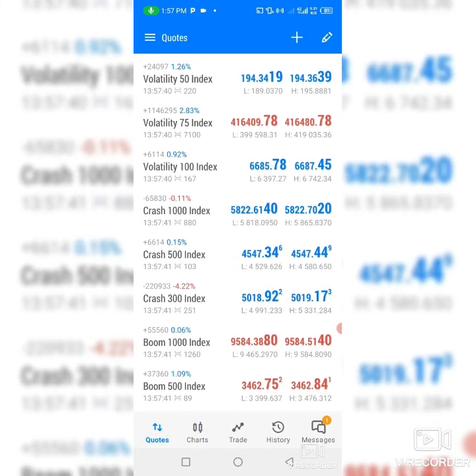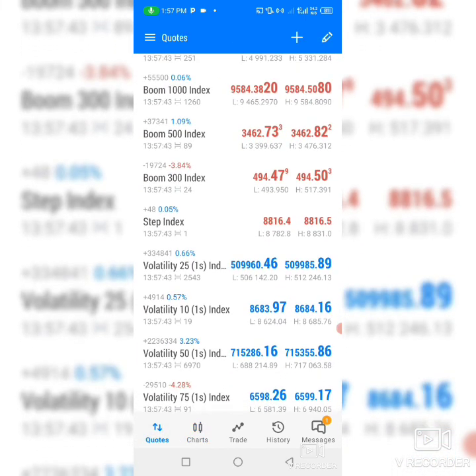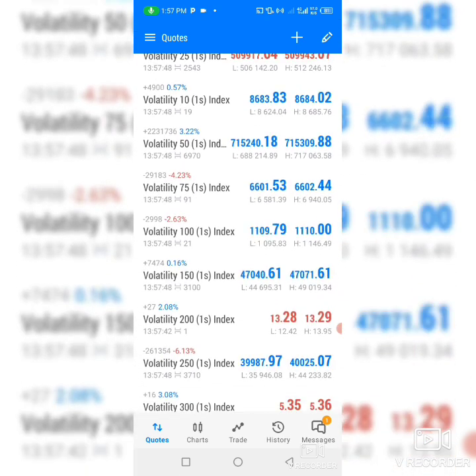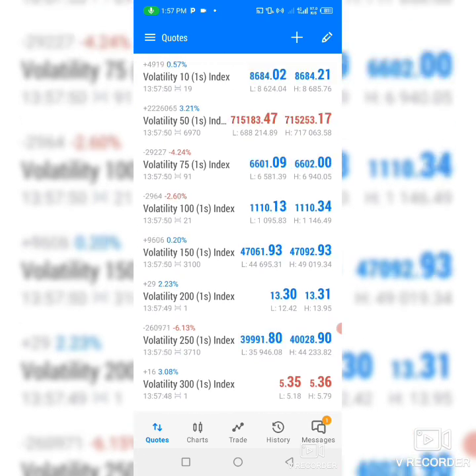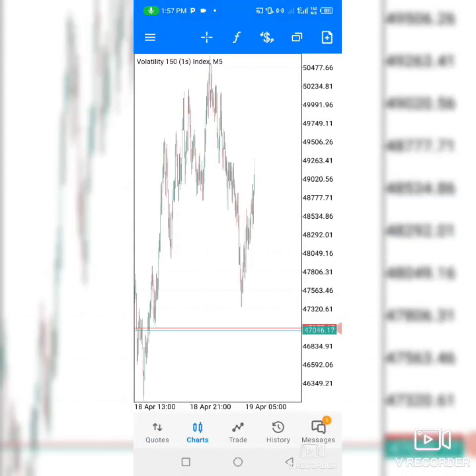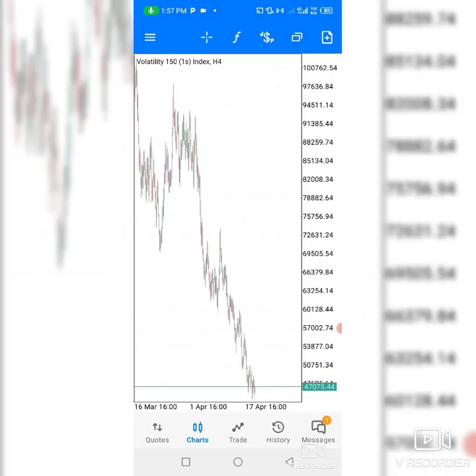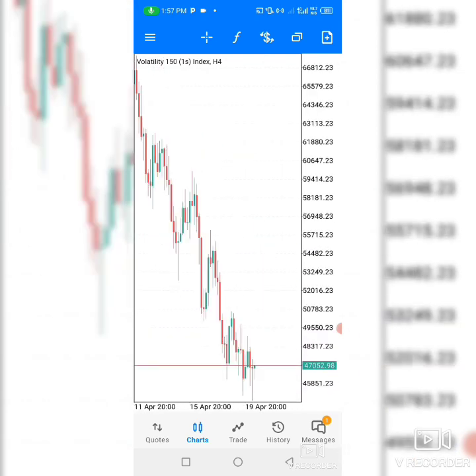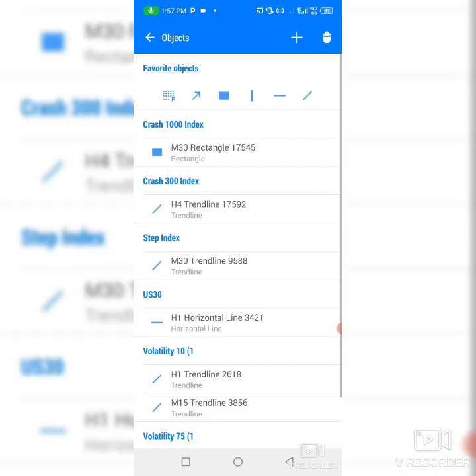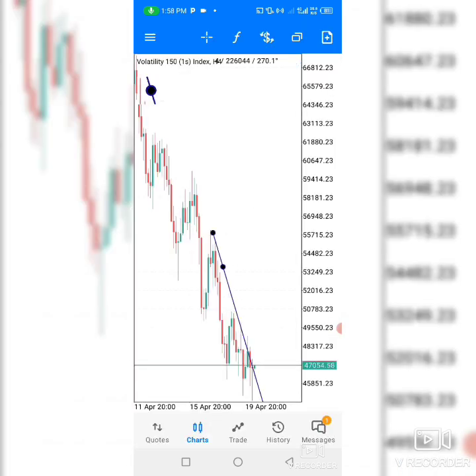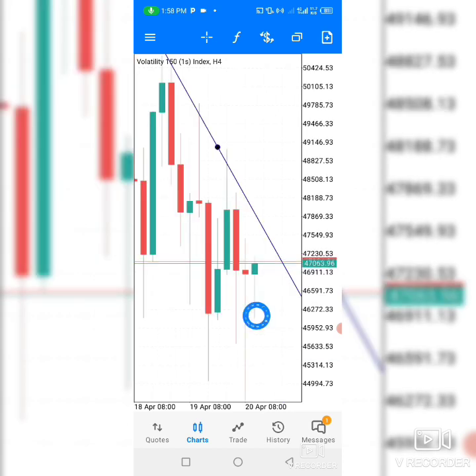So let's try Volatility 150s. Okay, let's go to H4. Now this market is a bear market. Within the current situation, we can mark this point, we can just connect this area, like there's probability of getting a sell.